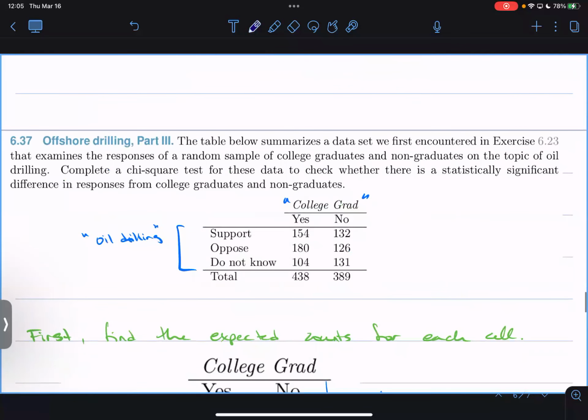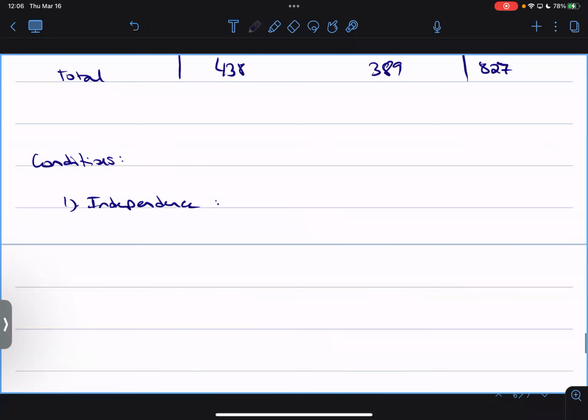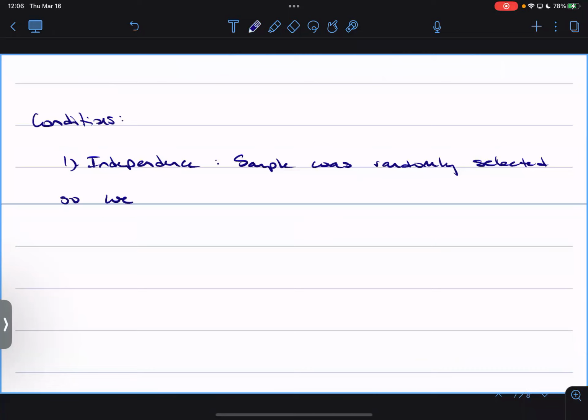Let's see if it says anything about it. It examines the responses of a random sample of college graduates and non-graduates on the topic of oil drilling. So it was randomly selected, so we can assume that everyone in this sample is independent of each other. The sample was randomly selected, so we may assume independence.